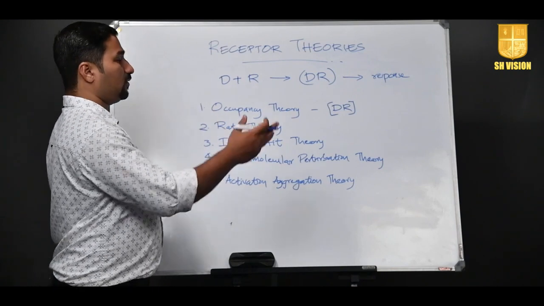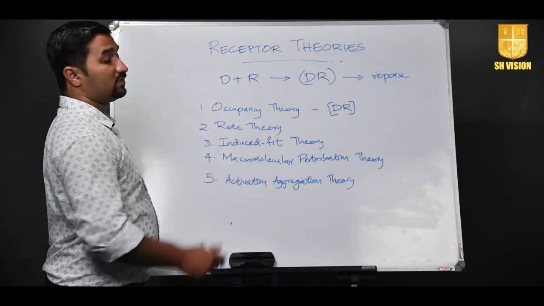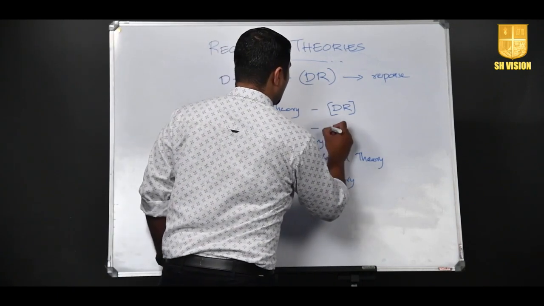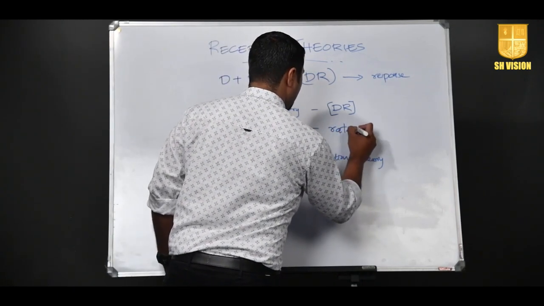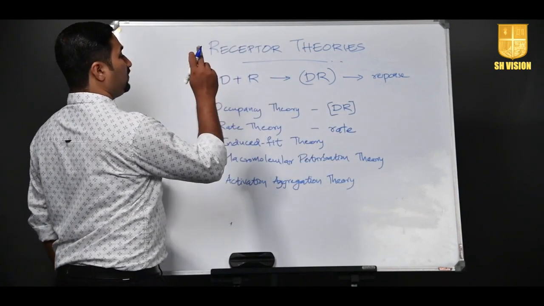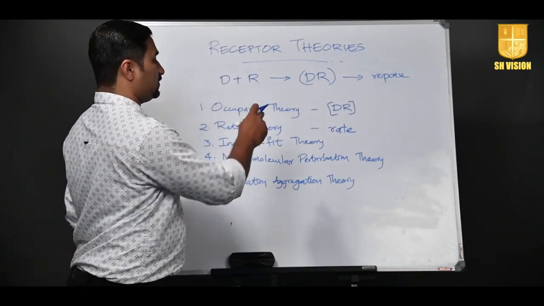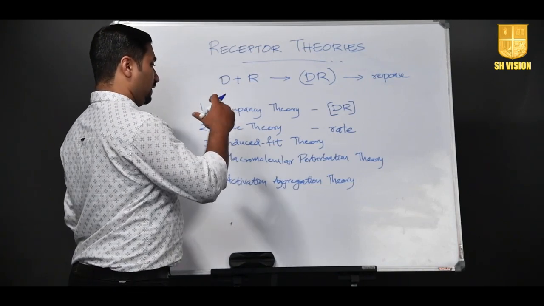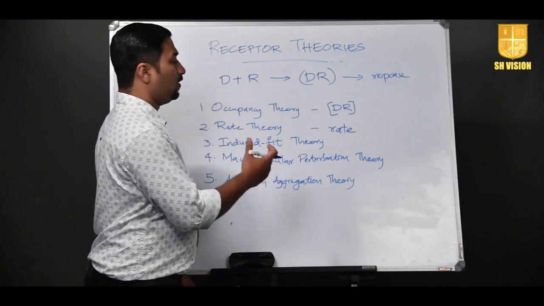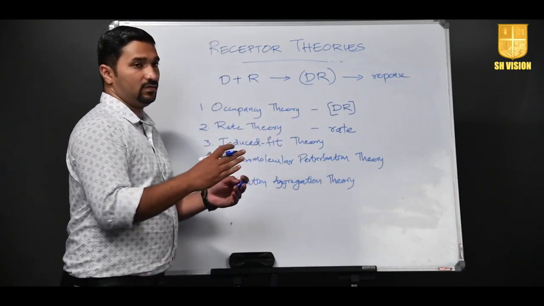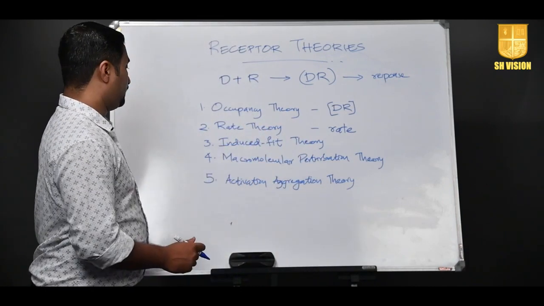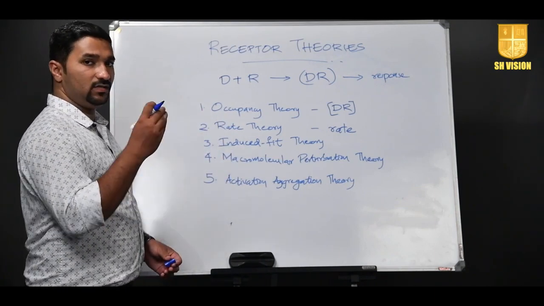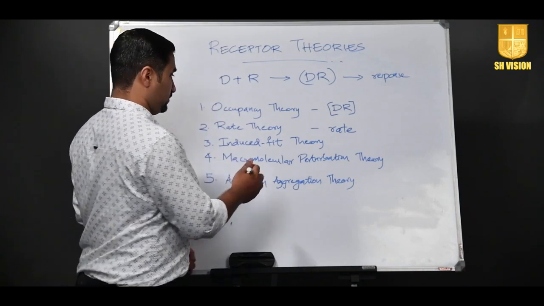In rate theory, the rate of formation of the drug-receptor complex was proportional to the response. In other words, the rate of association or the rate of dissociation will define the response of the drug.